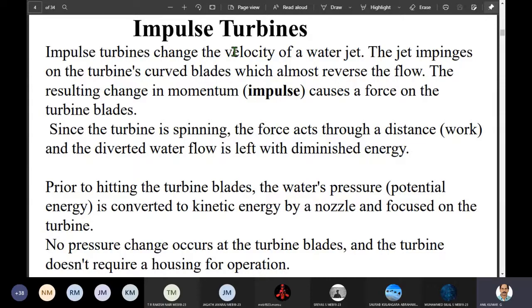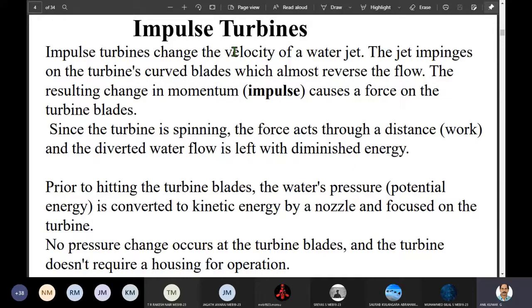How? By using a nozzle. The moment the jet comes out of the nozzle, that is a free jet. That means the pressure is atmospheric. So throughout the operation of the impulse turbine, the pressure is atmospheric. That is the key point you have to keep in mind.